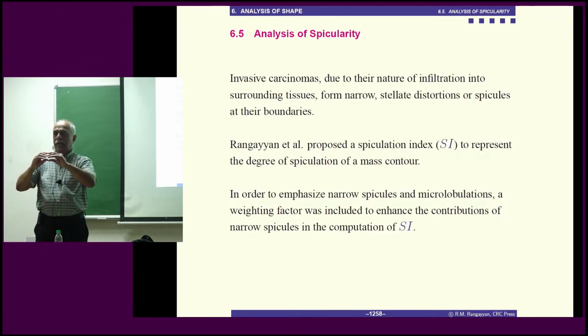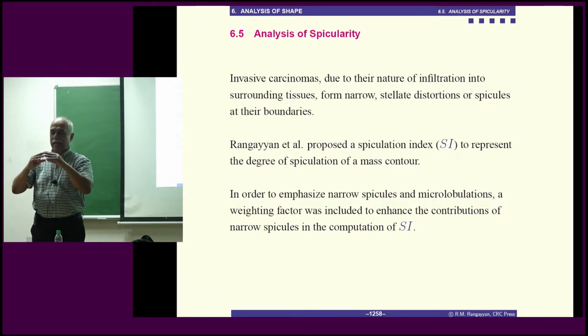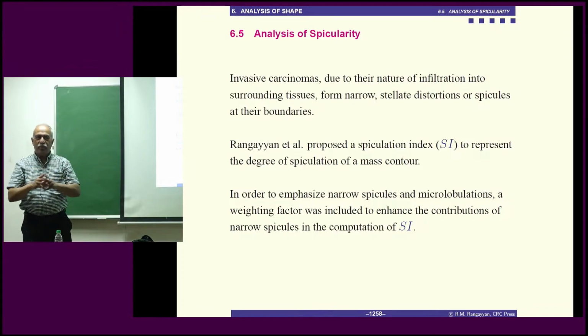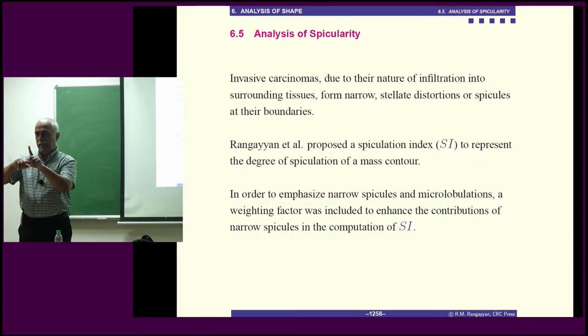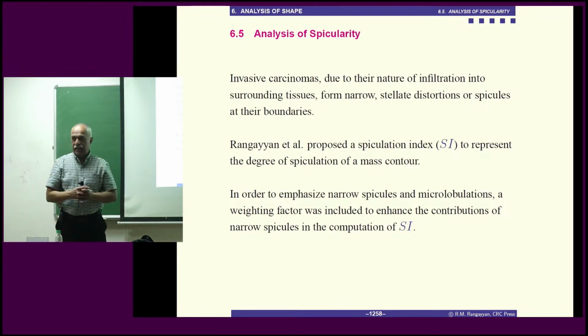The excursion out of the main part of the object, the mass, will be short, and this angle, if you want to measure that, will be broad. So narrow spicules having narrow angle at the vertex and long spicule length indicate malignancy or higher probability of malignancy.